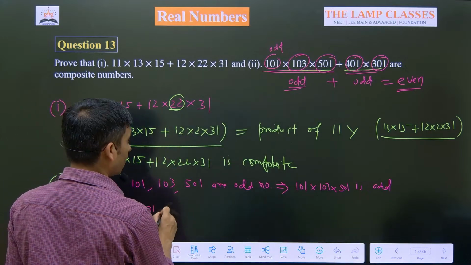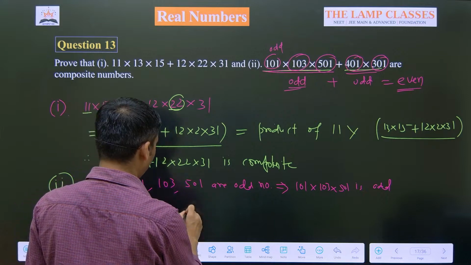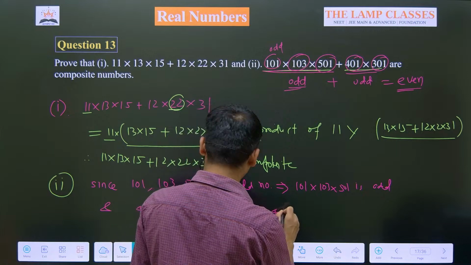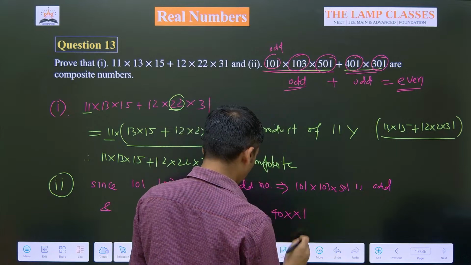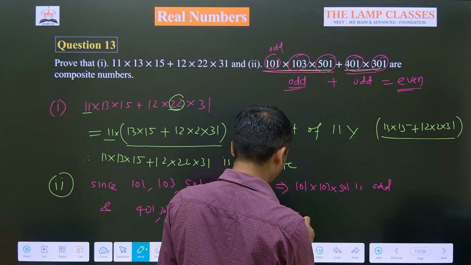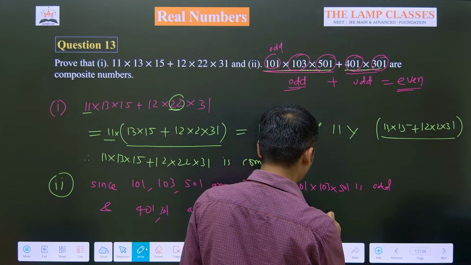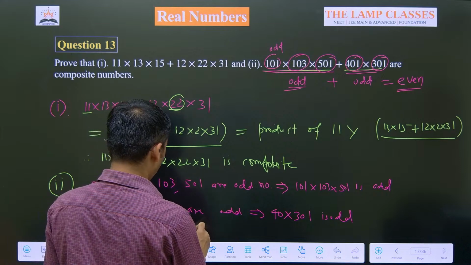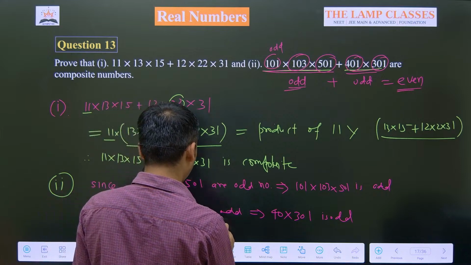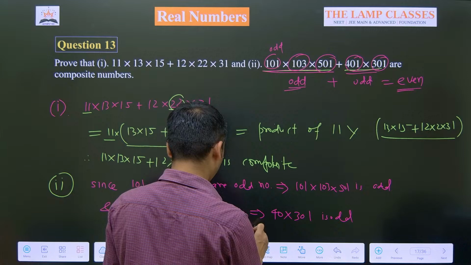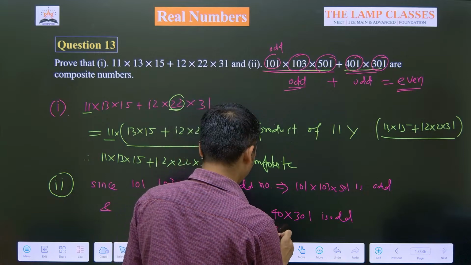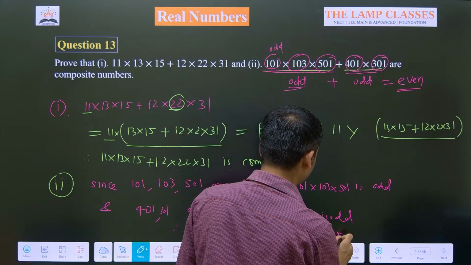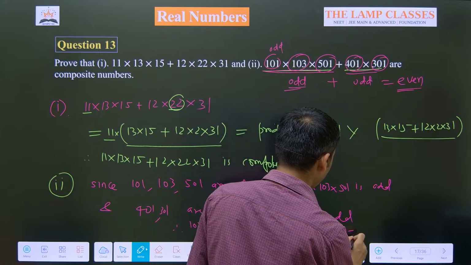401 and even 301 are odd. That means 401 into 301 is odd. Therefore 101 into 103 into 501 plus 401 into 301 must be odd plus odd, which is even.